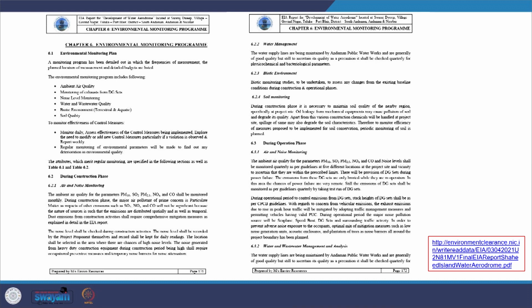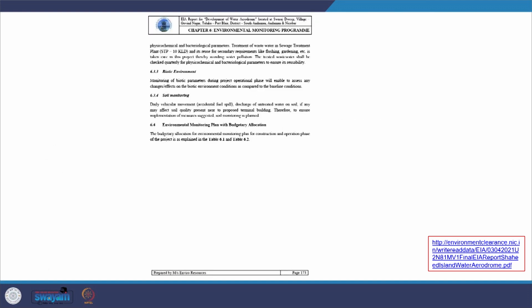So they have mentioned during the construction period, they're going to monitor all that to avoid impact on the environment here. And then during the operation phase, again, they would be monitoring air and noise, water, wastewater, and then biotic environment, soil monitoring, and then also they have allocated funds for the environmental monitoring plan.